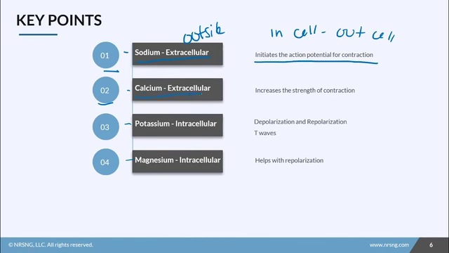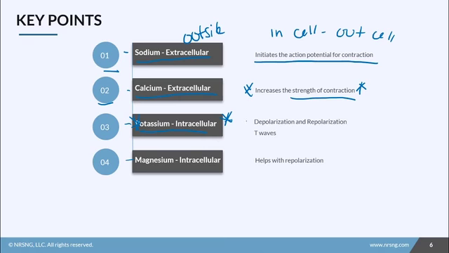Calcium is the other extracellular electrolyte. It has a very, very, very important role, and that is to increase the strength of the contraction. It has to make that heart pump harder so that blood can get to where it needs to. Potassium. Can't live without potassium.